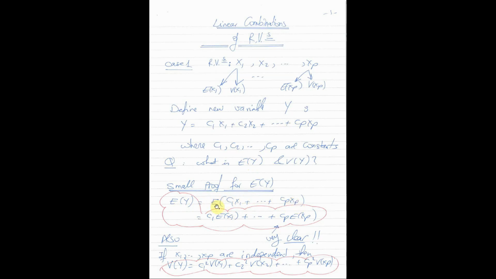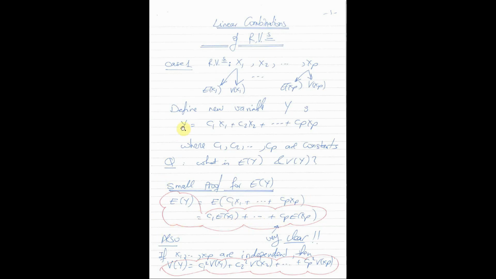We apply the expectation operator to each one of the terms, but we keep in mind that c1 is a constant, x1 is a variable, and so on. cp is a constant, xp is a variable. So the expectation is equal to c1 times the expected of x1 plus c2 times the expected of x2 plus until plus cp times the expected of xp. Guess what? That's it.